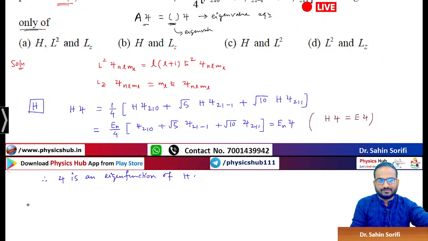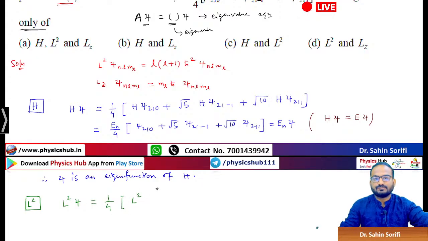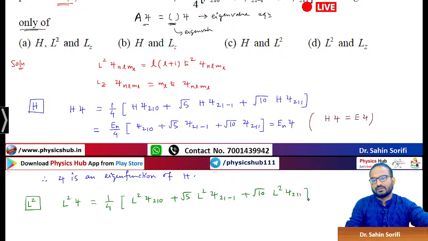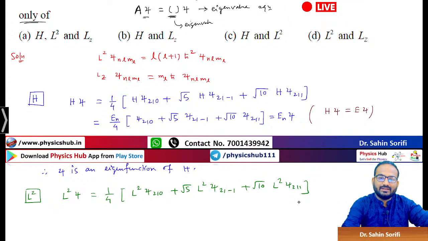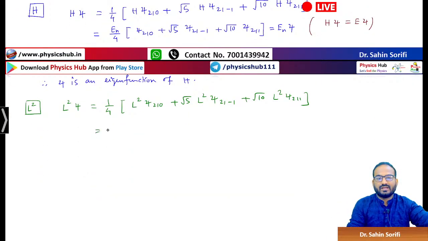So we have checked H. Let's go for L square. Let's check L square, and you know how L square behaves. L square will produce L into L plus 1 h cut square. So L square operating on psi: 1 by 4 L square psi 2 1 0, root 5 L square psi 2 1 minus 1, square root of 10 L square psi 2 1 1. So it will only target L, so L into L plus 1 h cut square. Here it is 1, here it is 1, here it is 1.